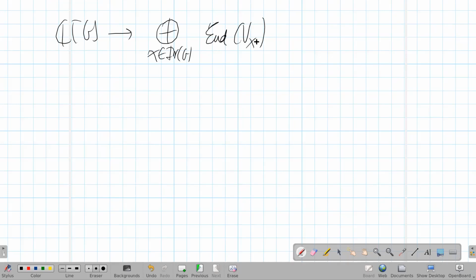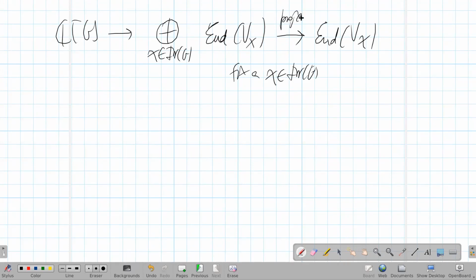But we can fix a particular chi in Irr(G). Here I'm using chi both as a dummy variable and as a particular irreducible character. Okay, we consider the composition of these two algebra morphisms.